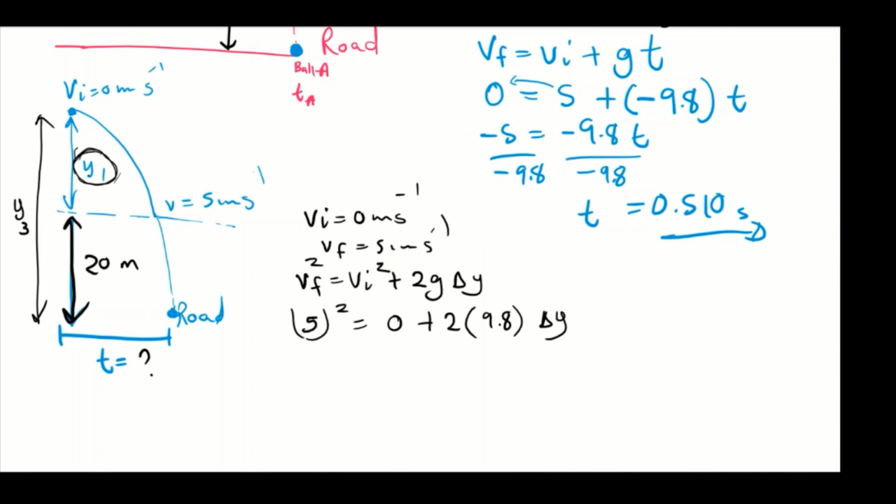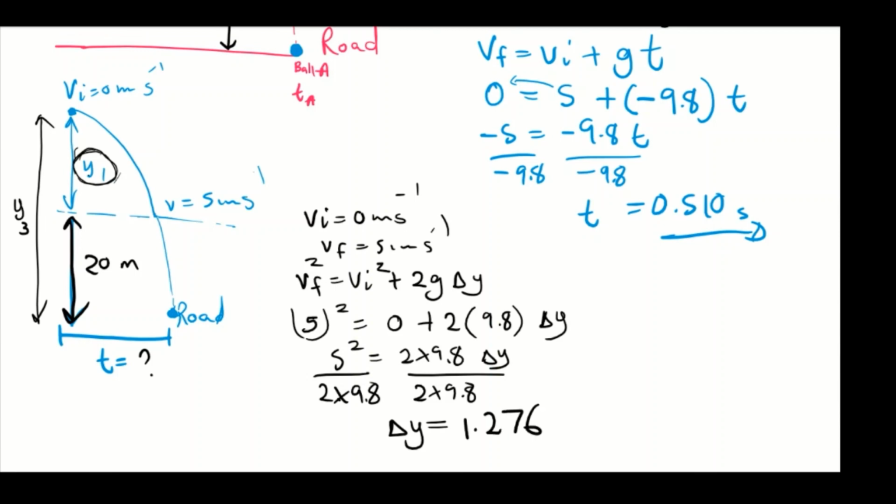So you have 5 squared is equal to 2 times 9.8 times change in y, and then you divide both sides by 2 times 9.8. Your change in y is going to give you 1.276 meters. So that is your y1. y1 is equal to 1.276 meters.